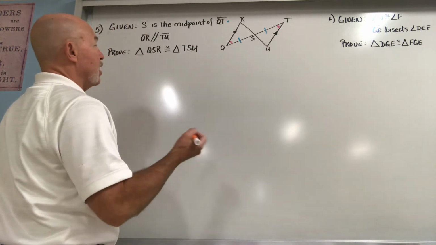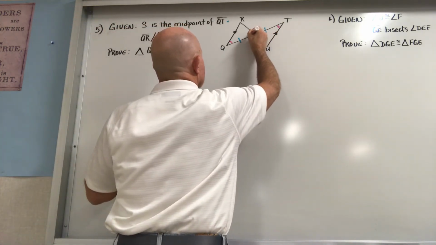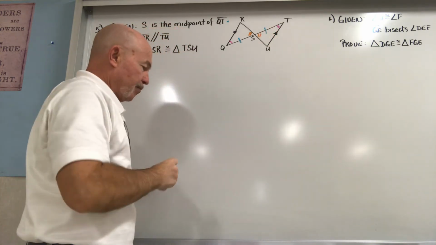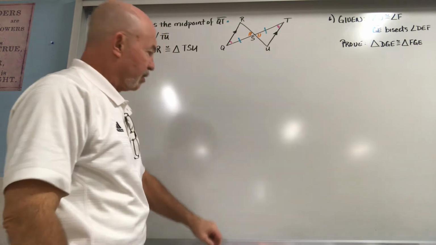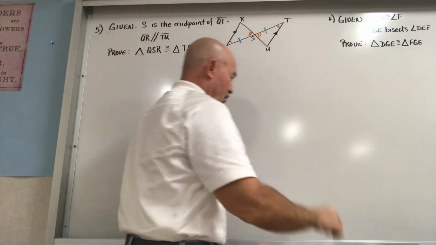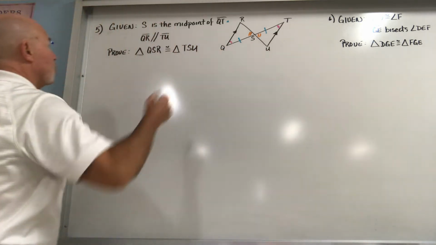Our next situation, we've got our vertical angles. And there we have it. Pair of angles, pair of sides, pair of angles. ASA. So, we'll start out.